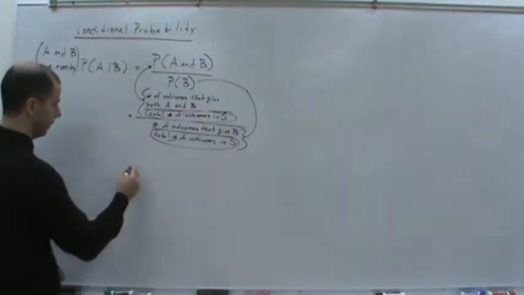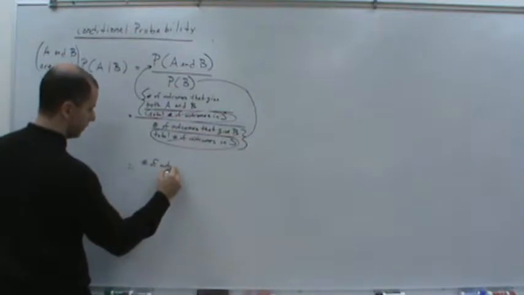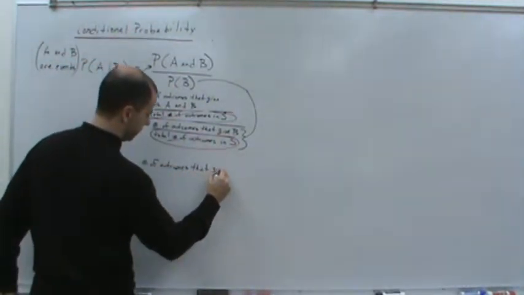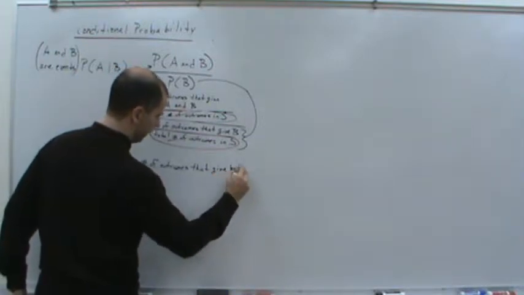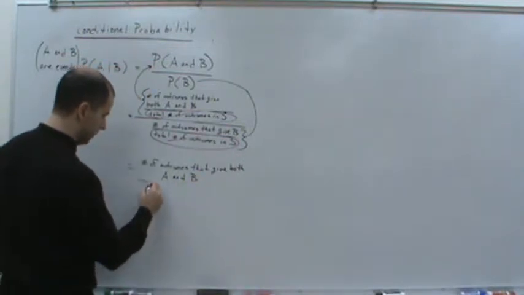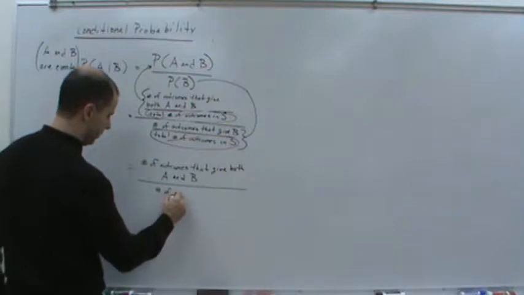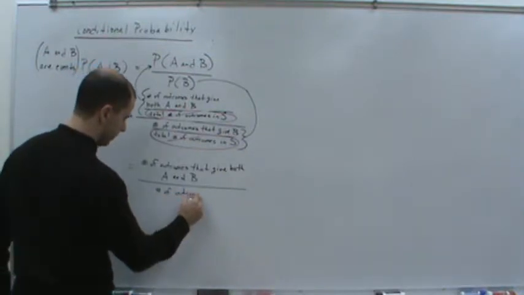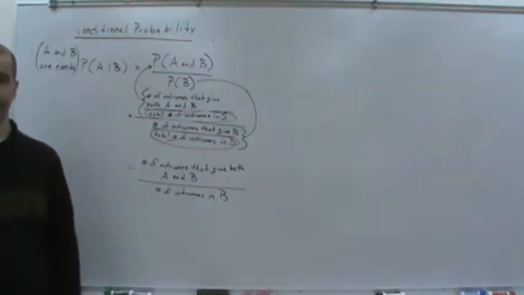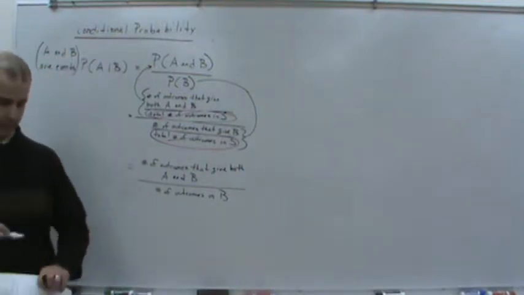I end up with the number of outcomes that give both A and B divided by the number of outcomes in B that give me B. Exactly what I've been saying.